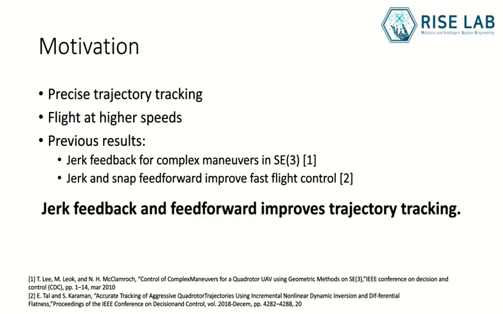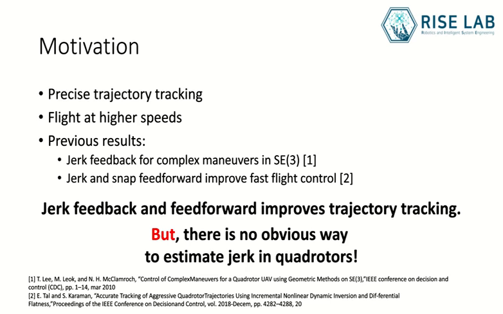So we see that jerk feedback and feed-forward improves trajectory tracking. However, to the best of our knowledge, there is no obvious way to estimate jerk in quad rotors. And this is the main motivation for developing this jerk estimation framework.